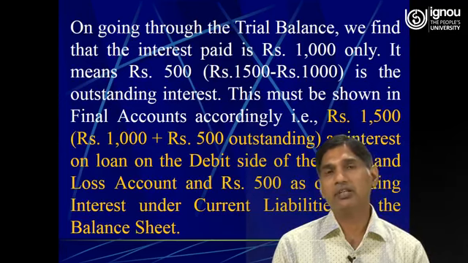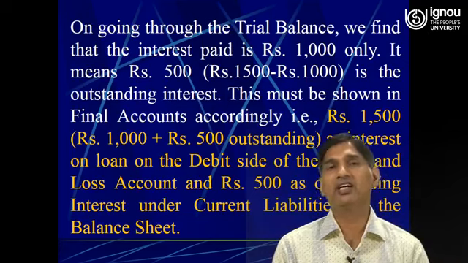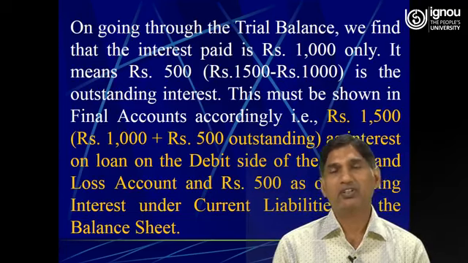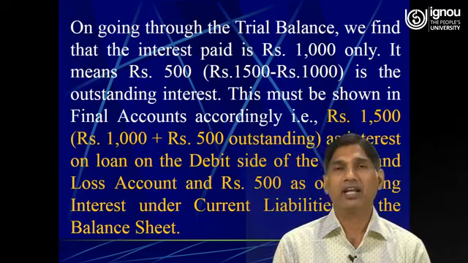So in the debit side, the total amount of rupees 1500, that is interest paid rupees 1000 plus outstanding interest rupees 500, will be debited to the profit and loss account.